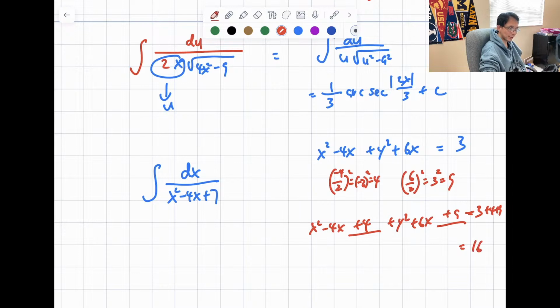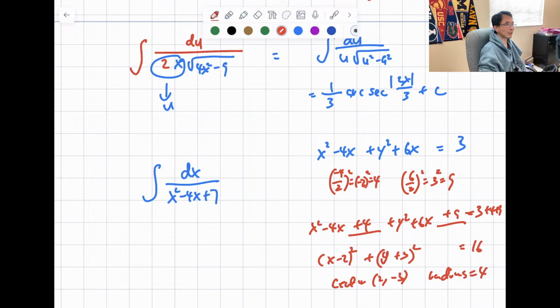So that's equal to 16: x minus 2 squared plus y plus 3 squared. And you have a center at 2 comma -3. Radius is, I think, equal to 4 because you square root that. So it's called completing the square.